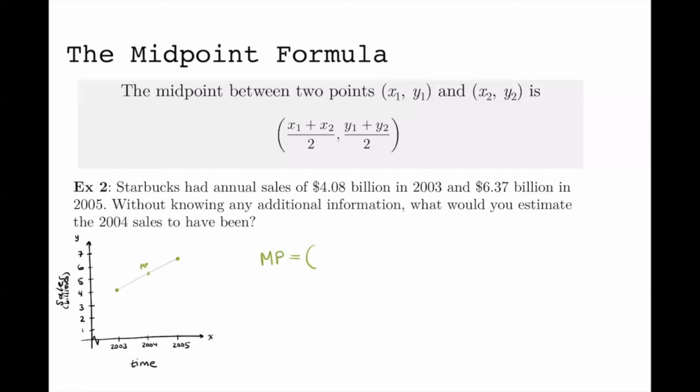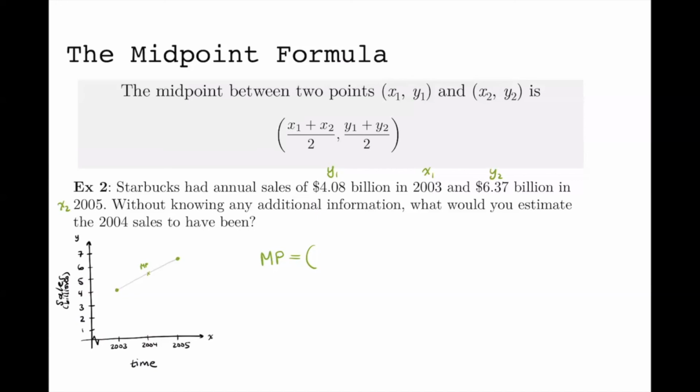So our coordinates are not exactly given to us as an ordered pair. The time is our x's. So let's call 2003 x1, and the y value that goes with that is 4.08, so that'll be y1. The x2 will be 2005, and the y2 will be 6.37.